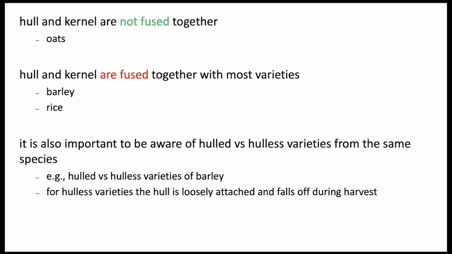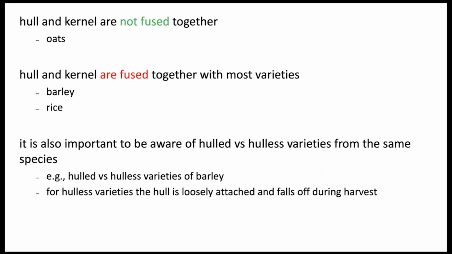We can break that down even a little bit further. When we think about oats, the hull, the very outer portion, and then the kernel, which is what most people think of as the grain portion, are not fused together, so they'll come apart a little easier. In contrast, when we talk about barley and rice, they are fused together with most varieties.